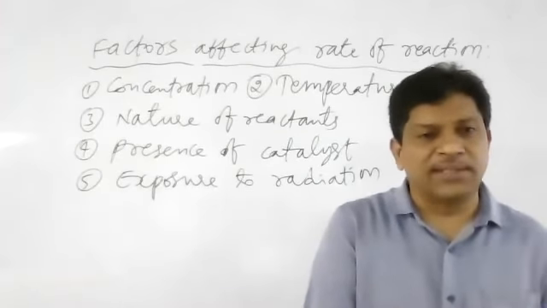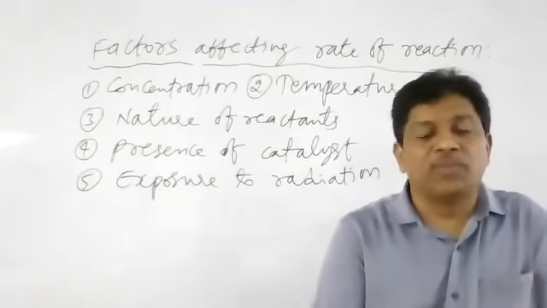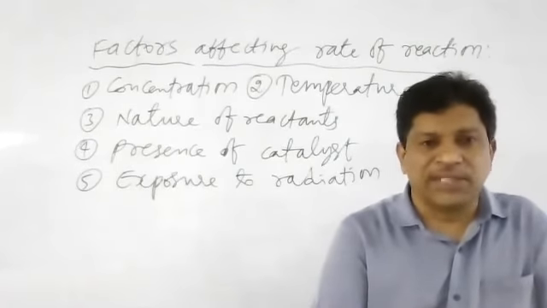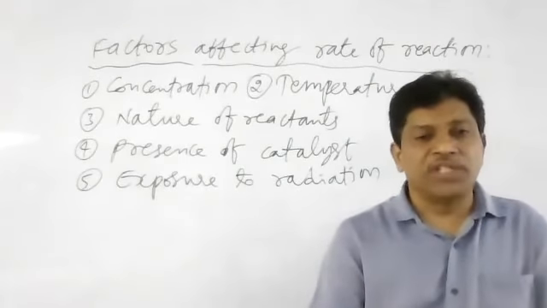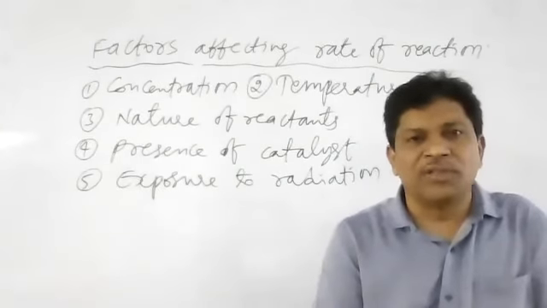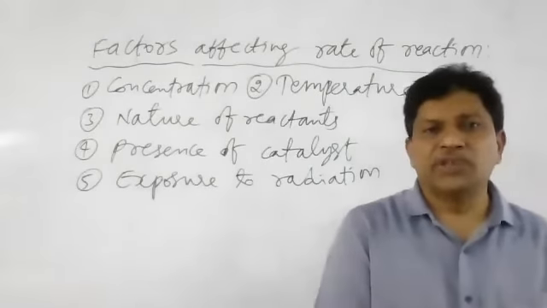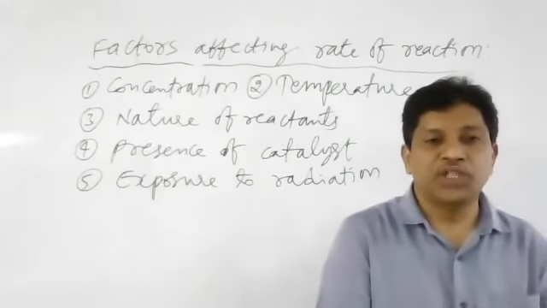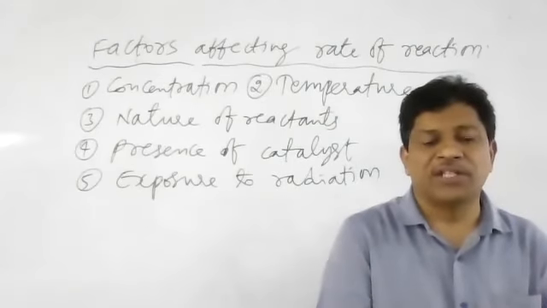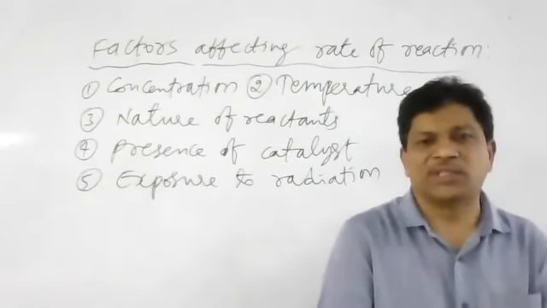Example, the photosynthesis reaction, the biochemical reaction that occurs in plants for the preparation of food. Photosynthesis is a biochemical reaction which occurs only in the presence of light. That is radiation. When the plants are exposed to radiation only, the chemical reaction takes place. During night time, when there is no radiation, the plants do not prepare food by the photosynthesis process.